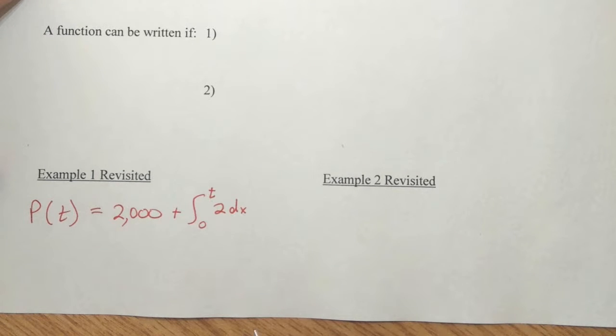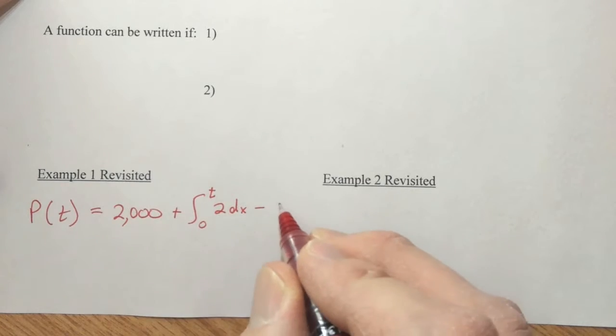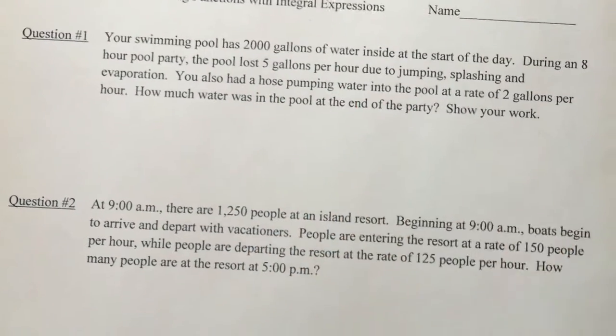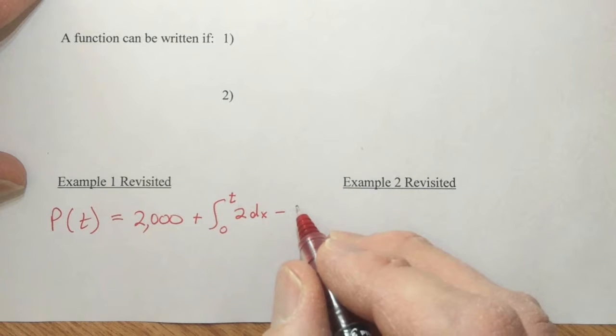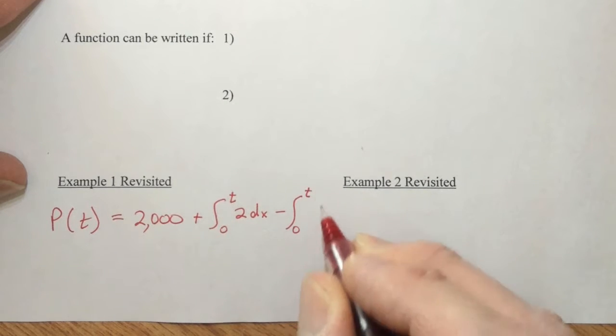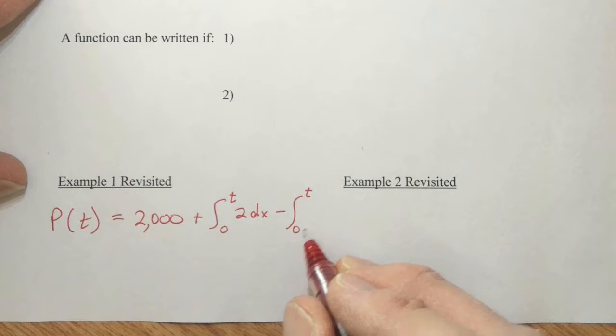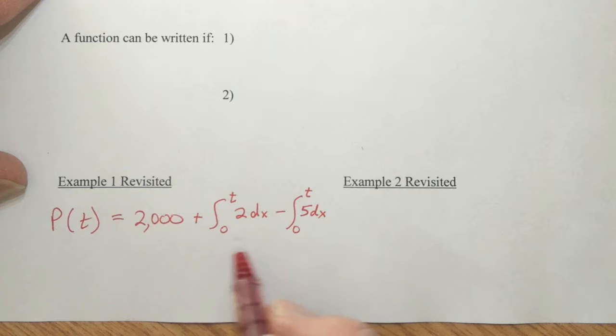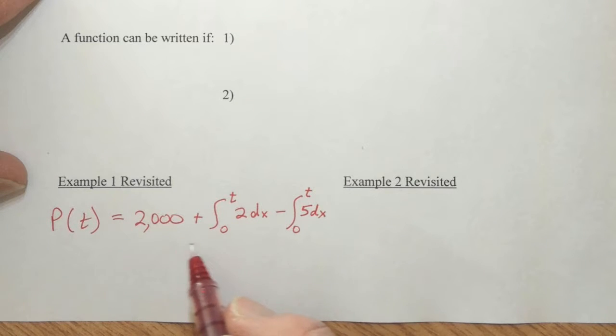And then we're going to subtract all the water that's leaving the pool, which is 5 gallons per hour. So that's our exit rate. So we'll have minus the integral from 0 to t of 5 dx. And this equation will give us the amount of water at any time.